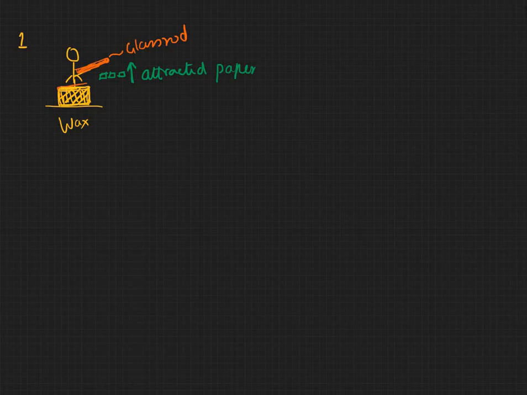The glass rod was rubbed using silk, and he realized that this glass rod attracted paper. So he came to the conclusion that nothing came from the ground. It was just something between the glass rod and the silk, which led to this glass rod attracting the paper.